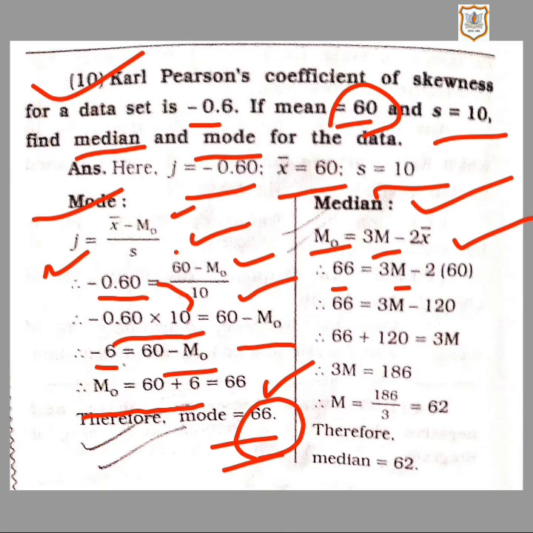So 2 multiplied by 60. This becomes 66 is equal to 3 median minus 120. Now 120 will come this side, it will be positive. So 66 plus 120 is equal to 3 median. And 3 median is equal to 186. So median is equal to 186 upon 3, that becomes 62. So the value of median is 62.